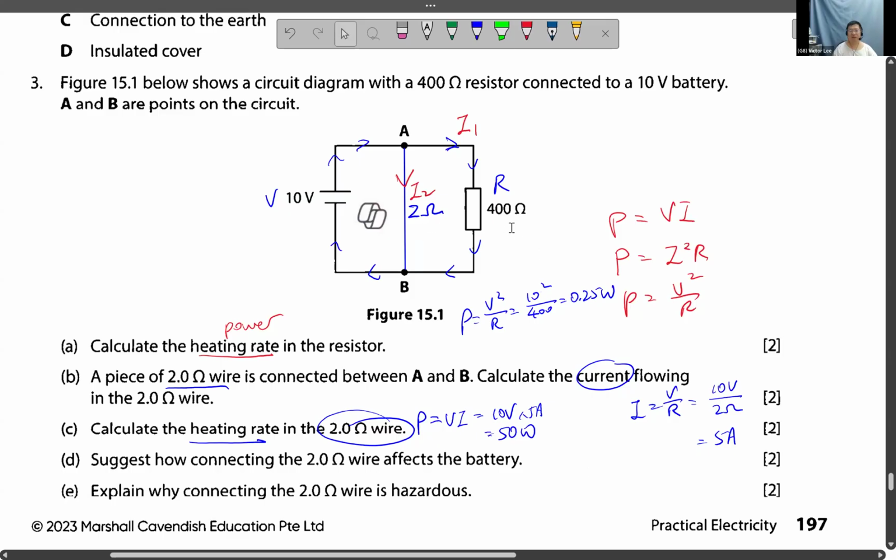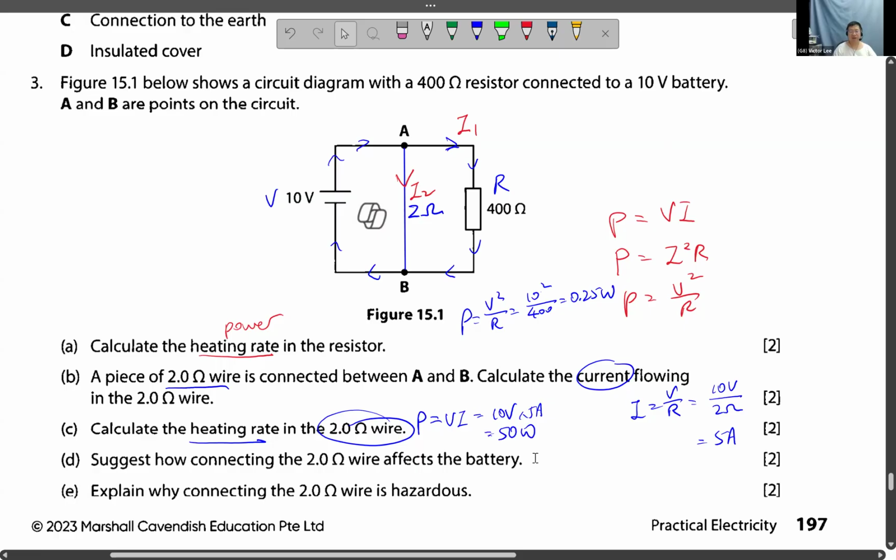Look at the difference in resistance now. Is it much lower? Yes. So much lower means a very high current will flow through here. So what happens to my battery? It becomes hot. Yes, high current flows, it makes it hot, and it drains very fast.